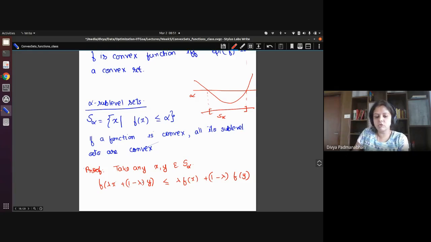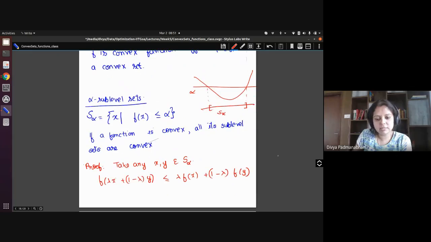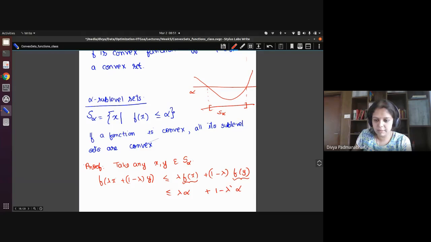This is just the definition of a convex function, because the function is convex. Now f of x is less than or equal to alpha, because x lies in S alpha, so this is less than or equal to lambda alpha, and the other term is less than or equal to 1 minus lambda times alpha. So this in turn is equal to alpha. That's why any point on the line joining these x and y also lies in the set S alpha.